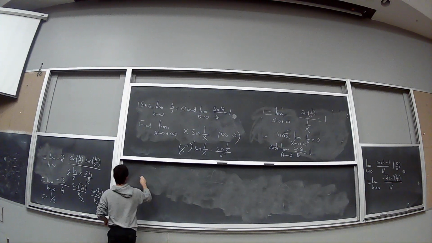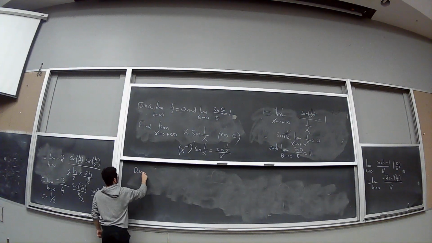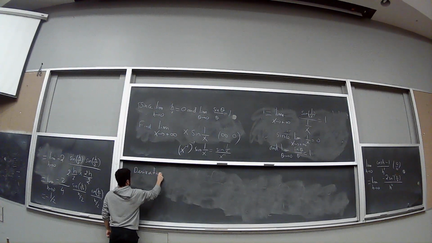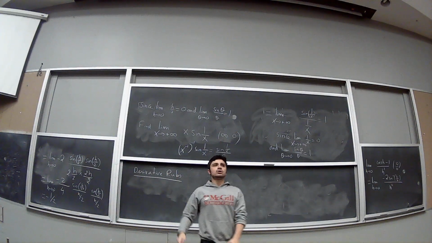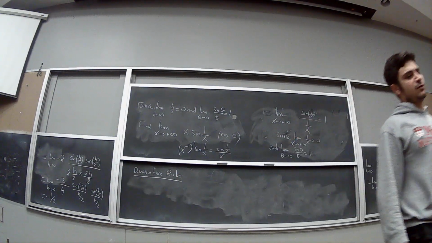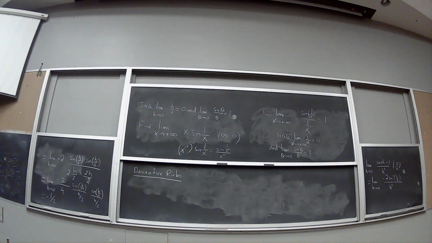Let's look at the derivative rules. Thus far we have seen one way of computing derivatives, which is using the definition. Using the definition is very important, but we should not do this every time. We can also use it to find the properties of the derivative. If I have a sum of two functions, what is the derivative of the sum?